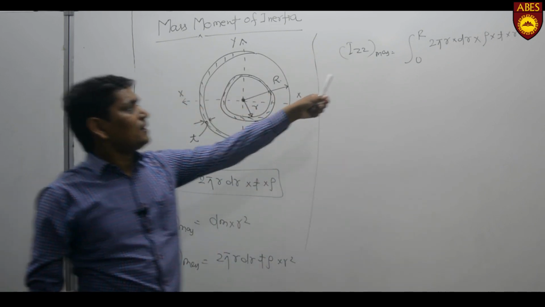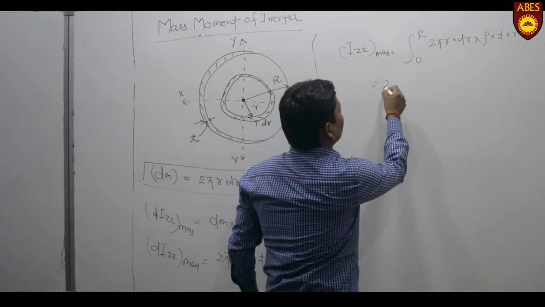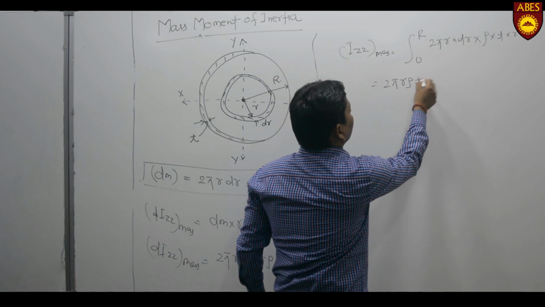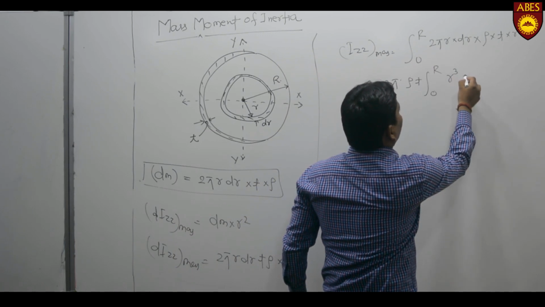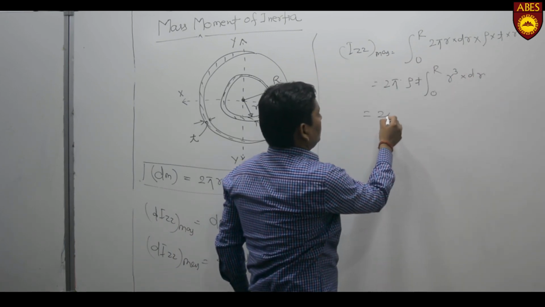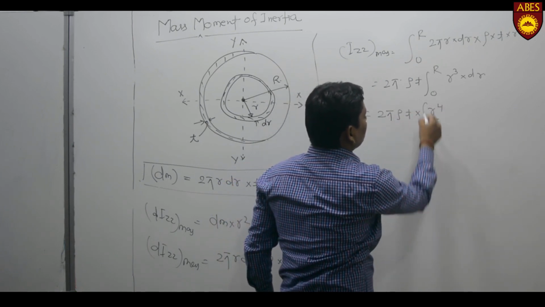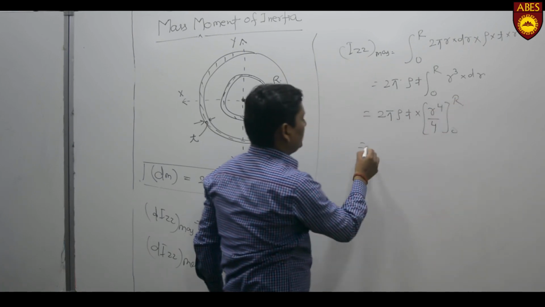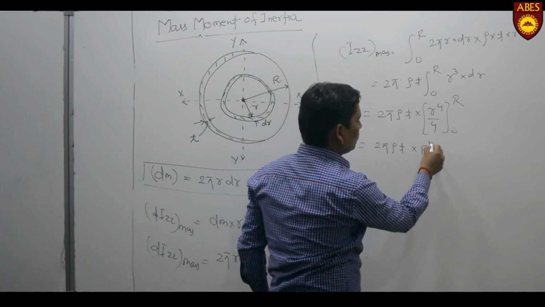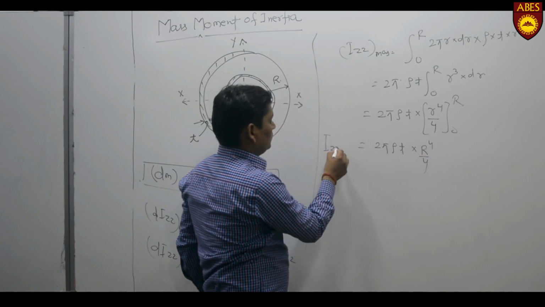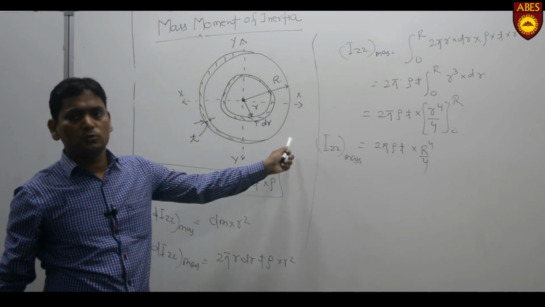But 2 pi rho t is constant, and we get 2 pi rho t integral from 0 to R of r cube into dr. Now 2 pi rho t into R to the power 4 upon 4, from 0 to R. This is the mass moment of inertia about the z axis.